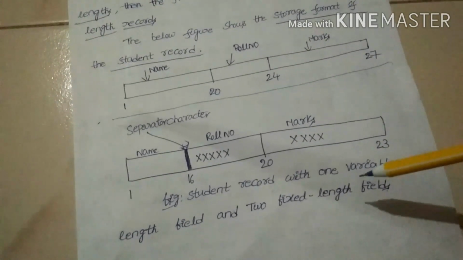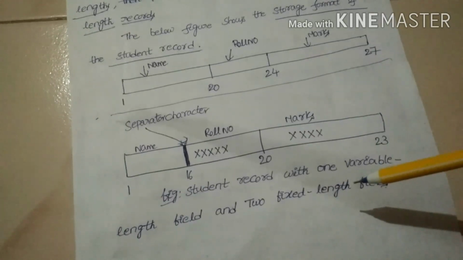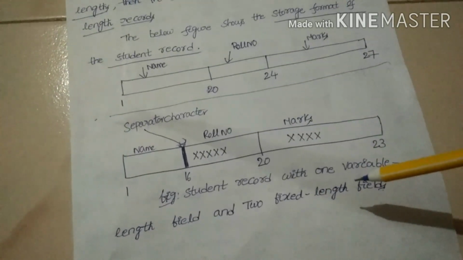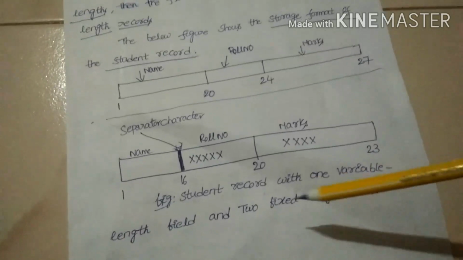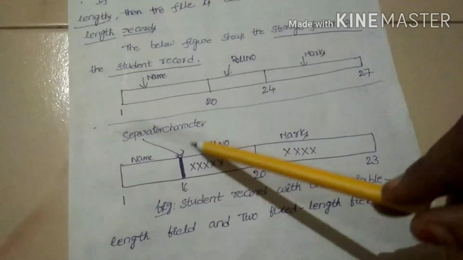Here, if the field length in the records is fixed, then the system can identify the starting position of each field.